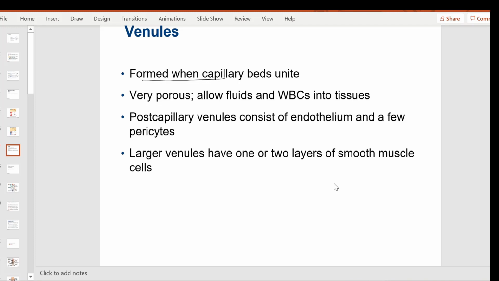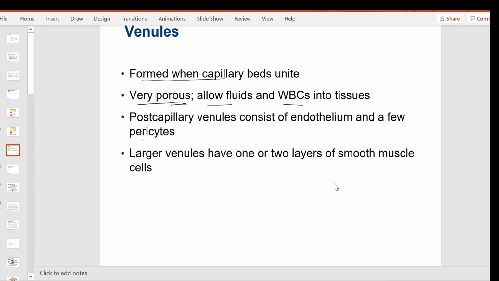Venules are present on the other side of the arterioles that I showed you. So where the capillaries end, the venules start. So venules receive the blood, deoxygenated blood, from the capillaries. The wall of the venule is very porous, so it allows the fluid and white blood cells to pass.